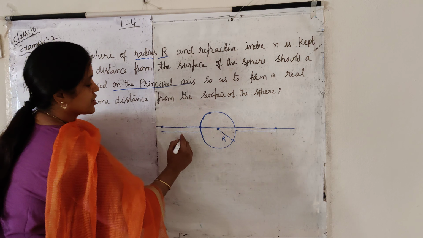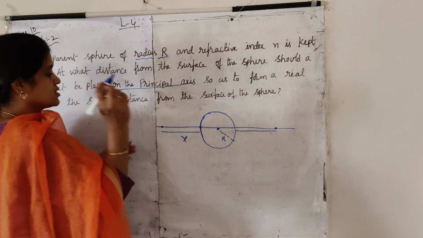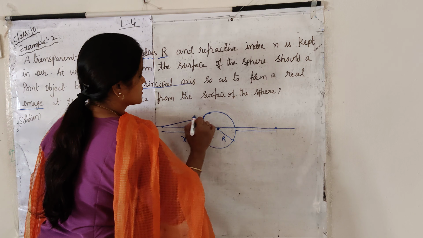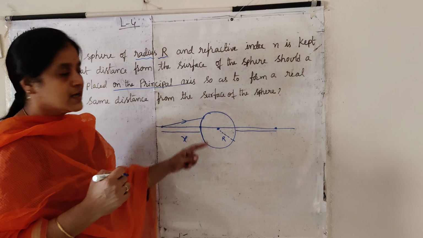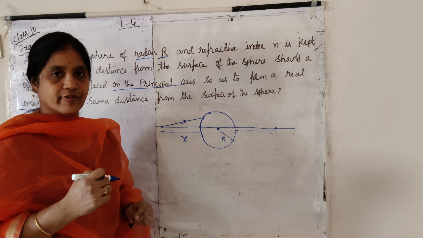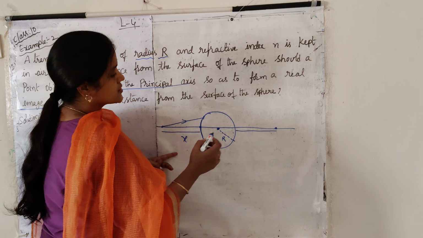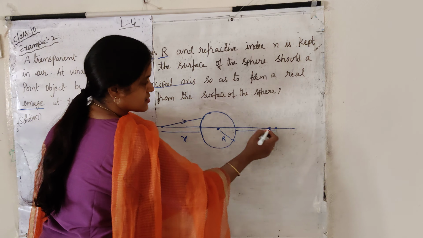From this point object, the light ray travels and falls on the sphere. The sphere has a curved surface, so at the same distance you must get the image on that side also.